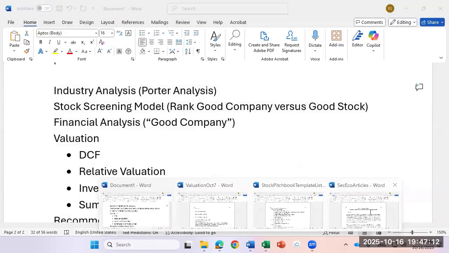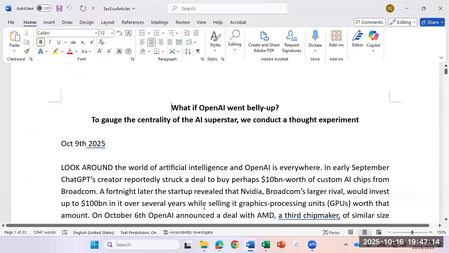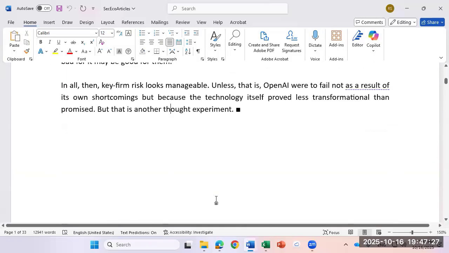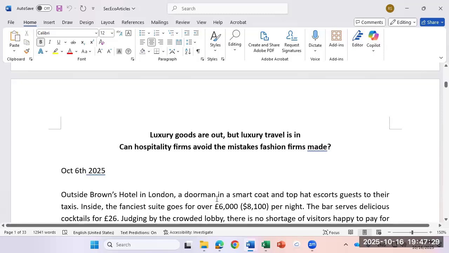Oh, one last thing. I'm starting to copy Economist articles as I get them. I put this out there on Canvas. There's an article on the semiconductor industry. There's an article on travel and leisure that was really interesting. The wealthy don't like luxury goods, but they like luxury travel.